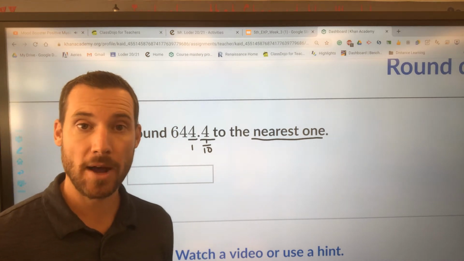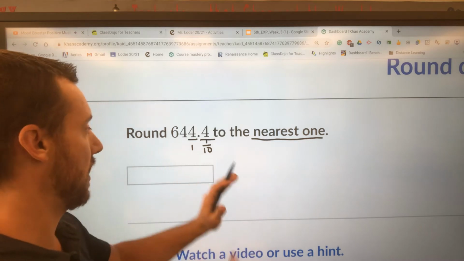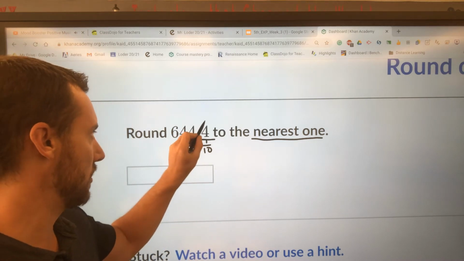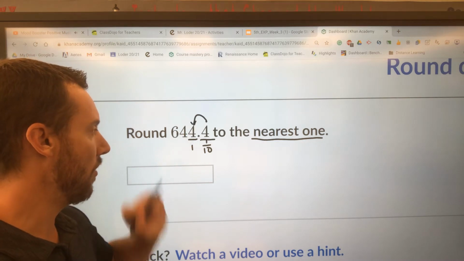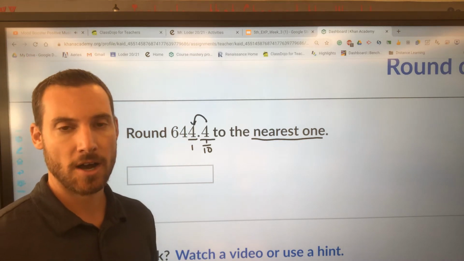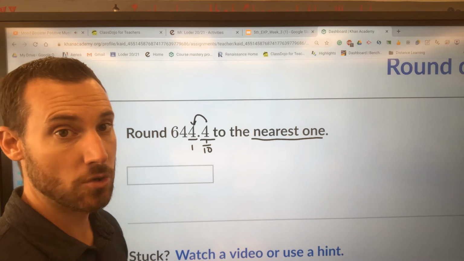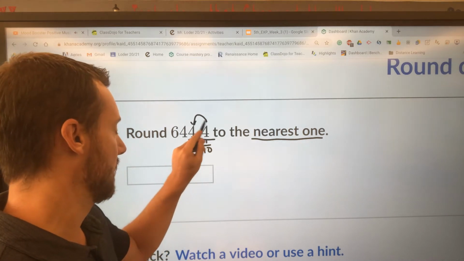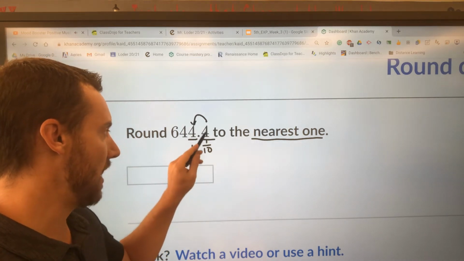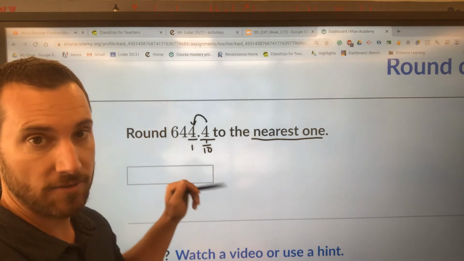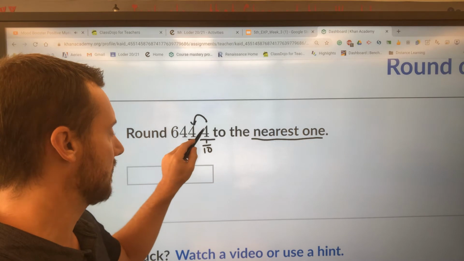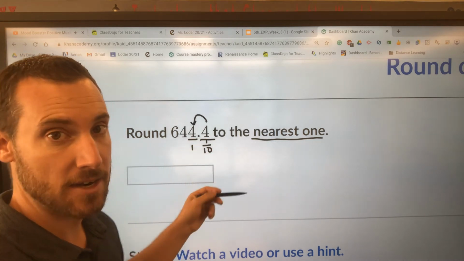Now, whenever we're rounding, we look to the place to the right, the next smallest place, and we decide what to do. So 5 or more, let it soar. If this place to the right is 5 or more, then we're going to bump this one up to the next value. Or if it's 4 or less, let it rest.